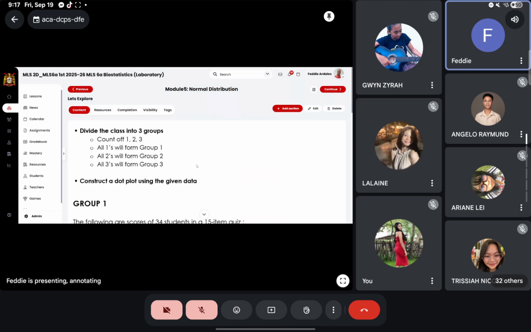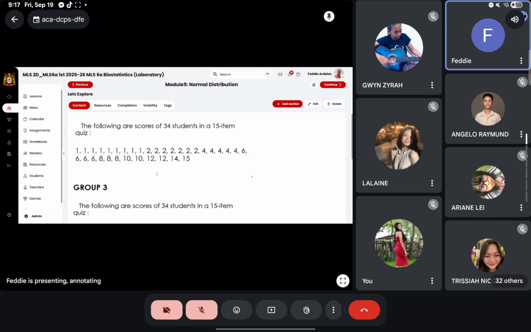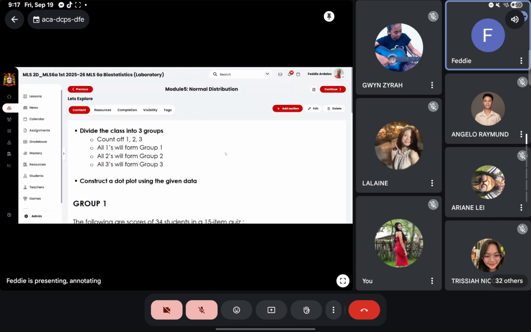Here in your module, you have a situation where there are three groups of a class: group one, group two and group three, with the following results.